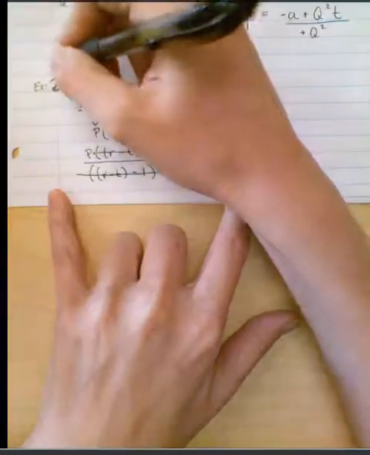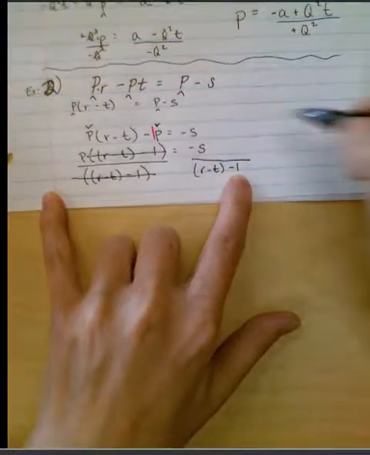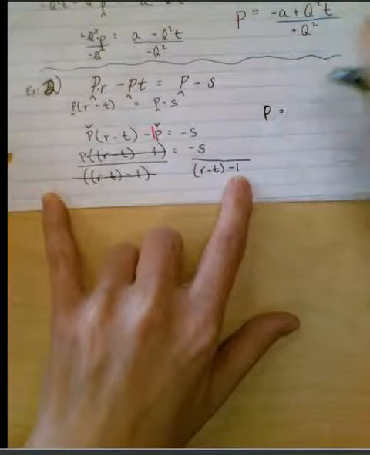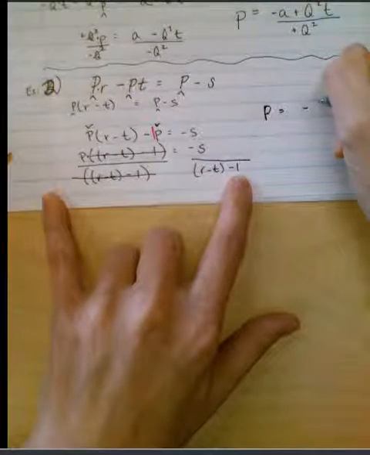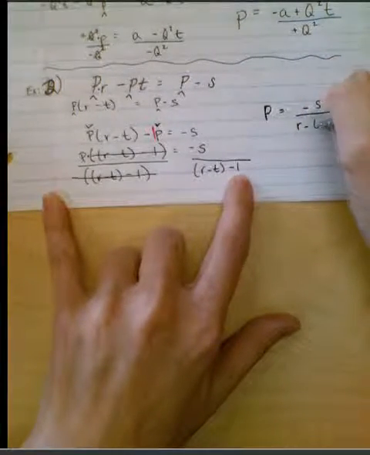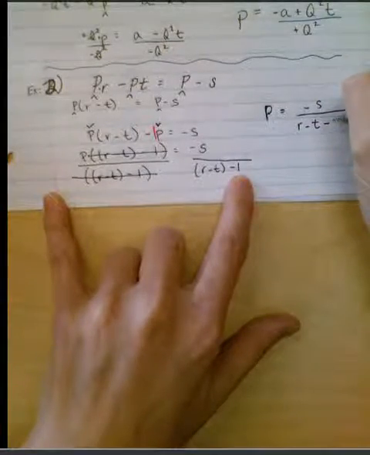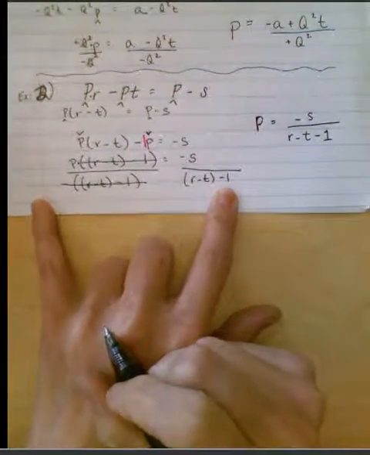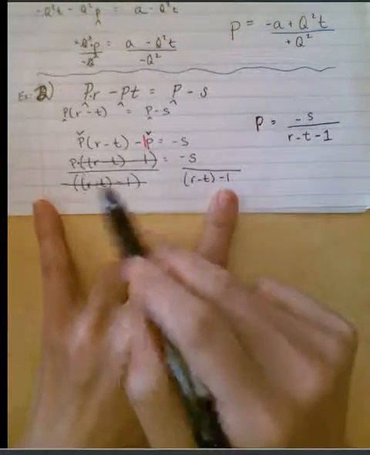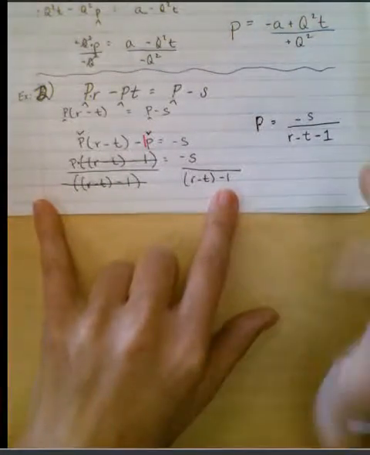So in this case, p in the end was worth negative s all over r minus t minus 1. So kind of a weird one, but common errors found here and common struggles in this kind of problem.